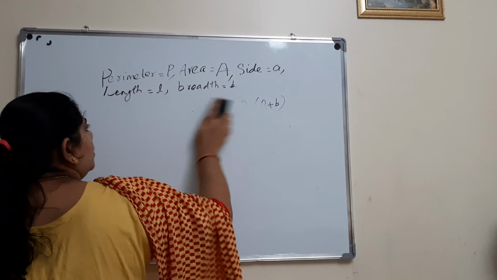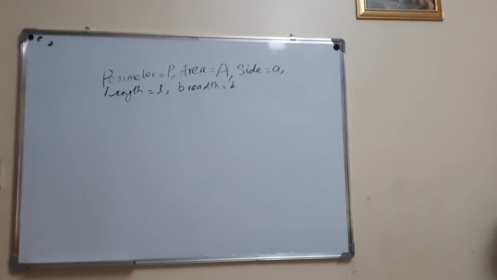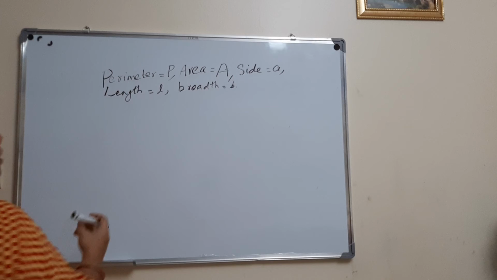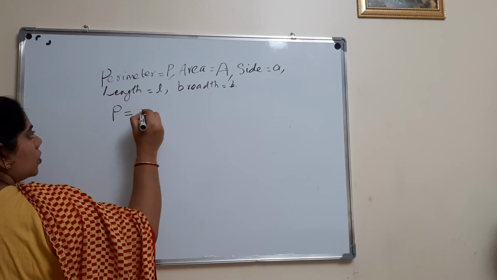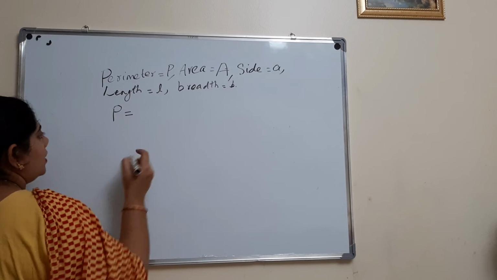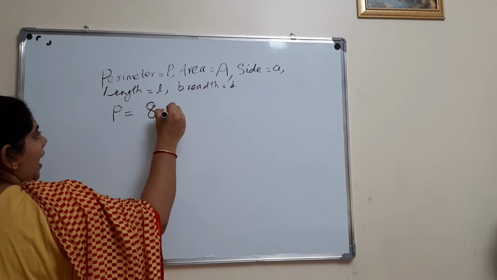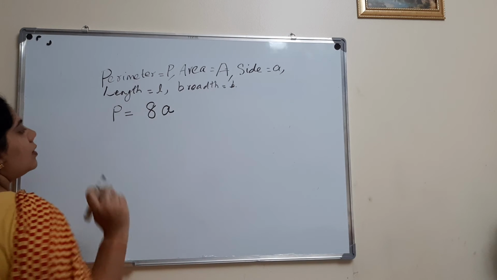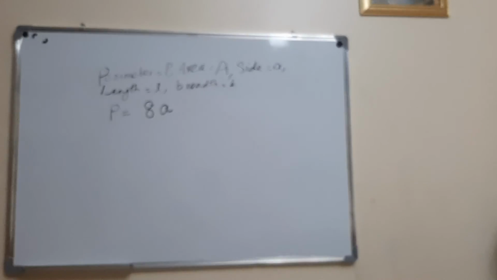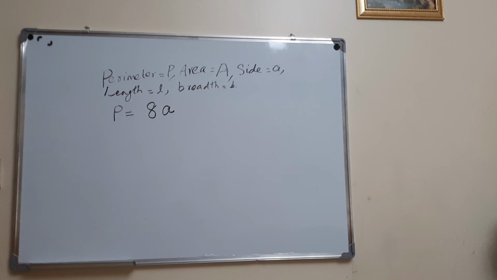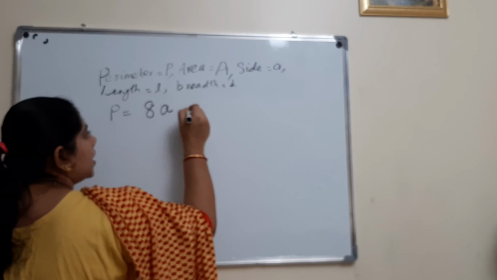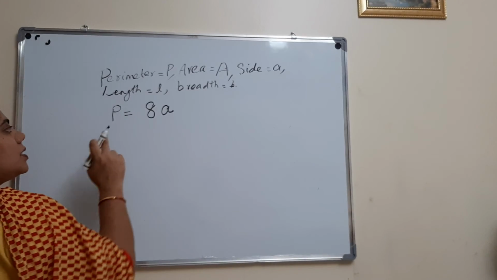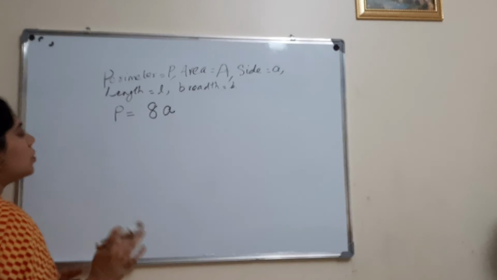Now we can take a look at the perimeter of some other shapes, like the octagon. What is the perimeter of an octagon? Octagon has how many sides? 8 sides. So the perimeter is 8 into A when the side is A. I am talking about a regular octagon, which means all sides are equal.